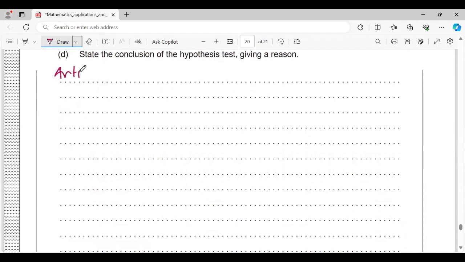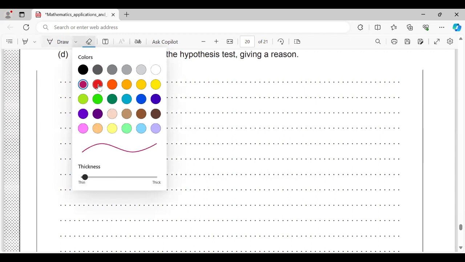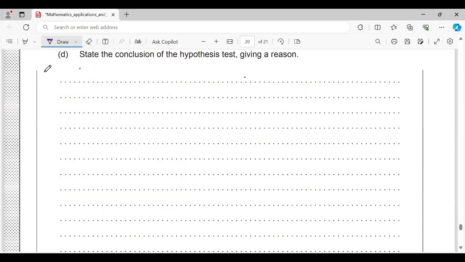Artists 1, 2, 3, 4, 5, 6, 7, 8, so 8 artists.